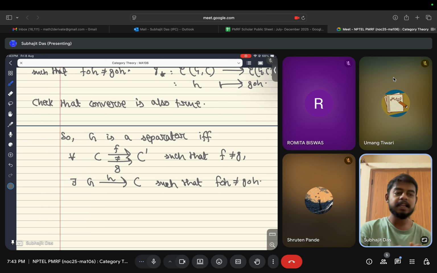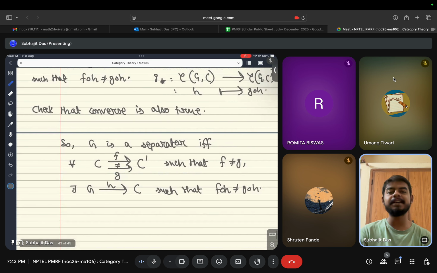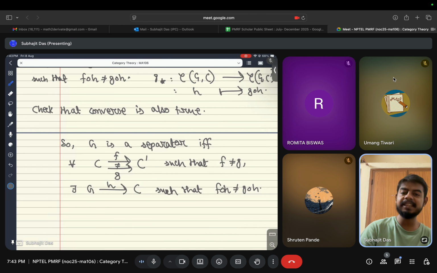It can see. So I'll use this phrase often while discussing category theory, that an object sees something, by which I essentially mean that there is a map coming out of that object. Okay. So G can see the distinctness. It can detect the distinctness between two different arrows.